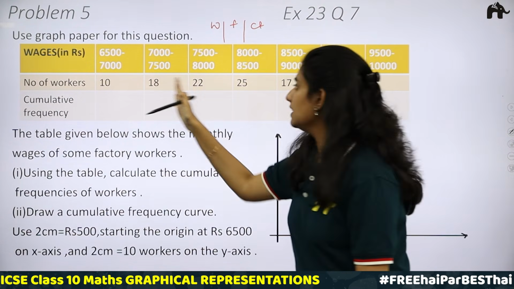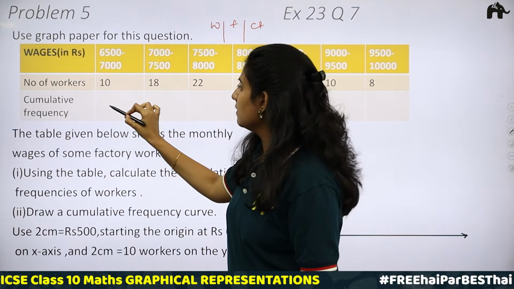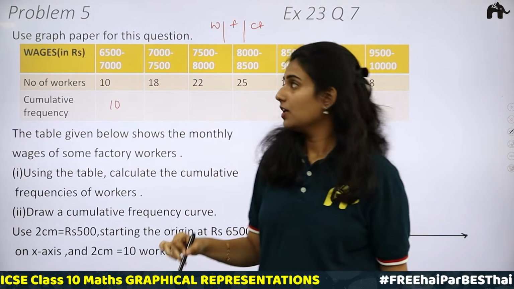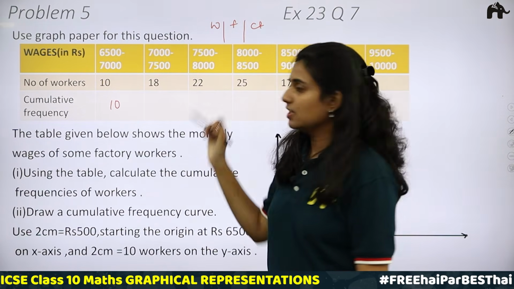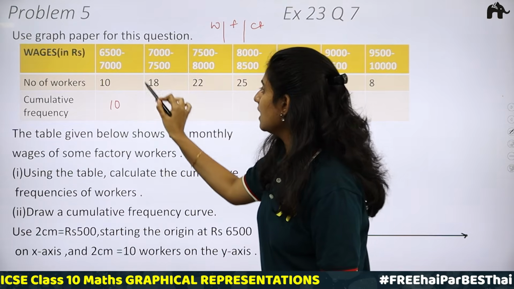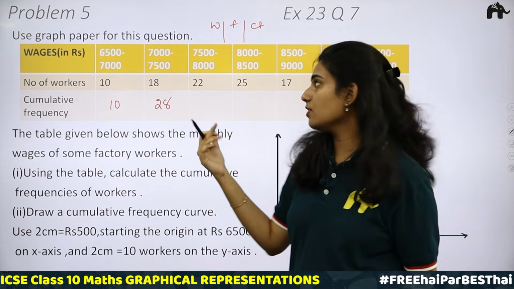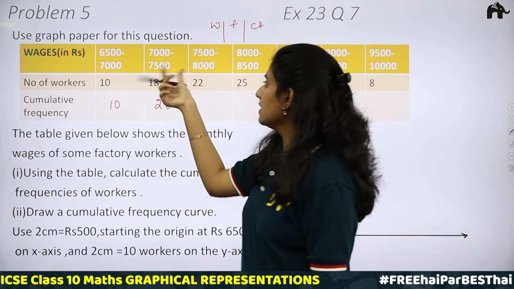Now how to find the cumulative frequency? Just by adding these values, you will be getting the cumulative frequency in each stage. So, 6,500 to 7,000, the cumulative frequency is 10. Next, 7,000 to 7,500, you have to add 10 and 18. 10 plus 18, 28. That is, these values lie between 6,500 and 7,500.